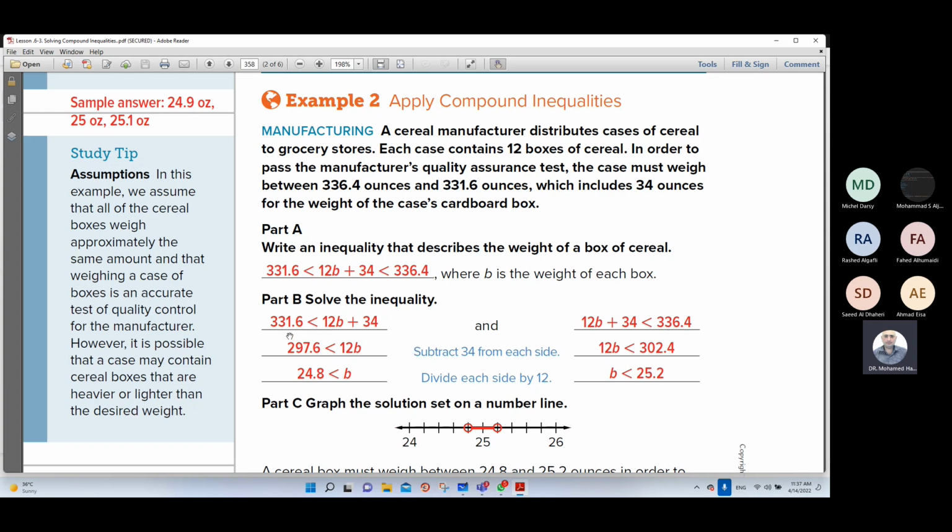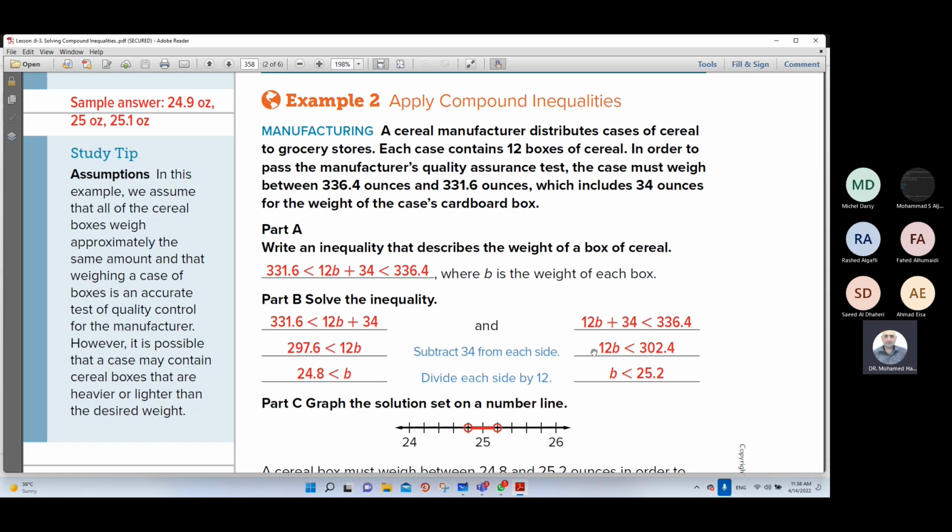Then, to solve this inequality, we want to remove 34, so we can subtract 34 from the two sides. You will get 297.6 less than 12B. Then we want to remove 12, so you can divide the two sides by 12. You will get here B greater than 24.8.